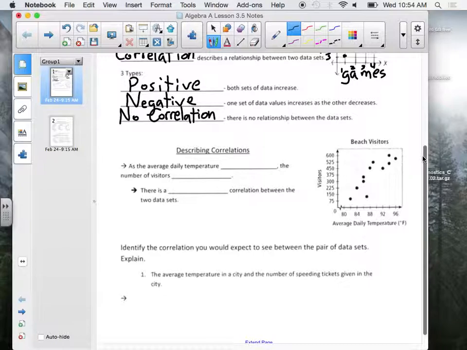So as the average daily temperature increases, the number of visitors increases too. Now, if both of these sets of data are increasing, what kind of correlation would it have? Positive, right. So there is a positive correlation.